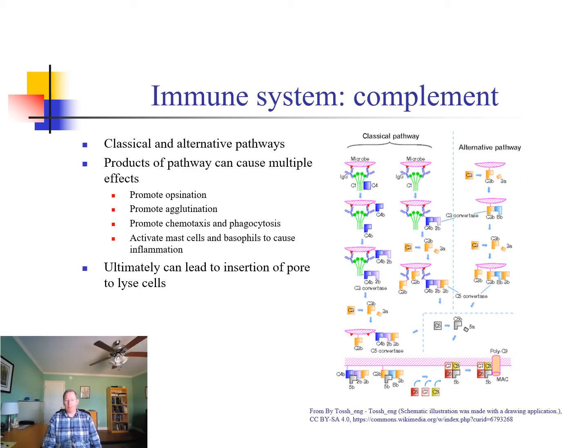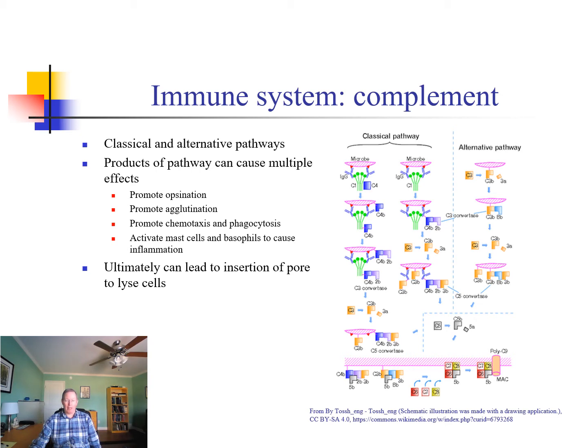So this is a busy picture. There are several pathways, the classical and the alternative pathways, that produce a number of effects. So as you can see here, if I have under the classical pathway a microbe, or under the alternative pathway, various proteins, they're listed as complement, and they go complement 1, 4, and there's binding.